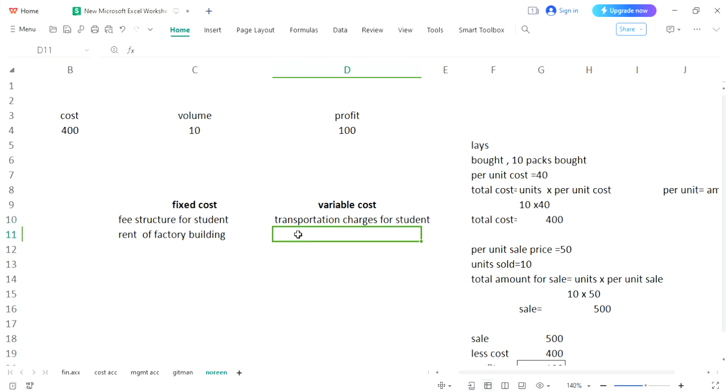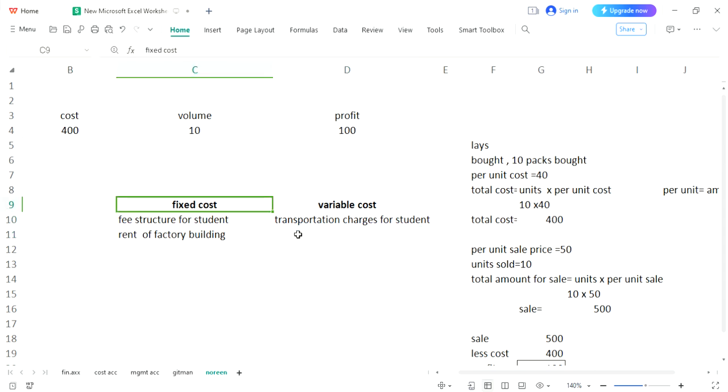But please try to understand, we are not here to take examples of students. We are actually studying management accounting. Obviously the example related to a factory would be more suitable. It was just to make you understand the difference between fixed cost and variable cost. So the rent of the factory building, if you are paying, is called fixed cost.